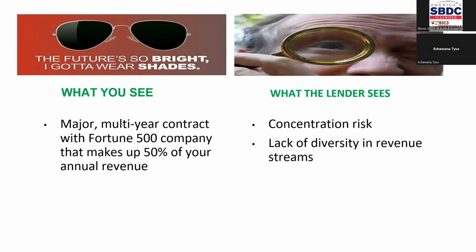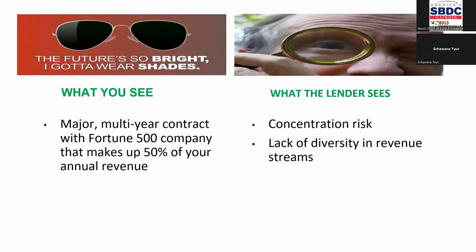That contract is going to make up 50% of their annual revenue. They're quite excited about it. They've worked on it for a long time and put a lot of hours in to get that contract. There were other competitors who did not get it. And so again, they're thumping the chest just a little bit. They're very proud of what they've accomplished, and rightfully so.